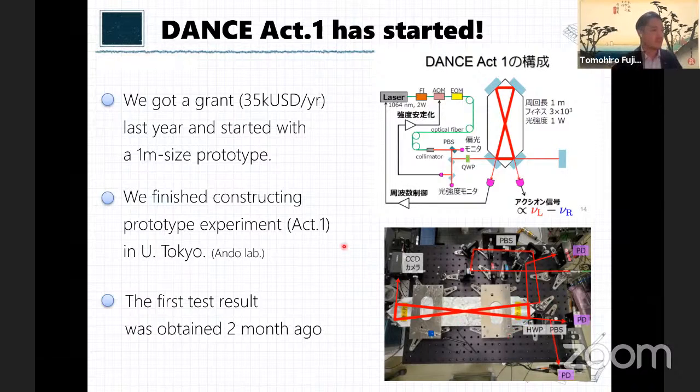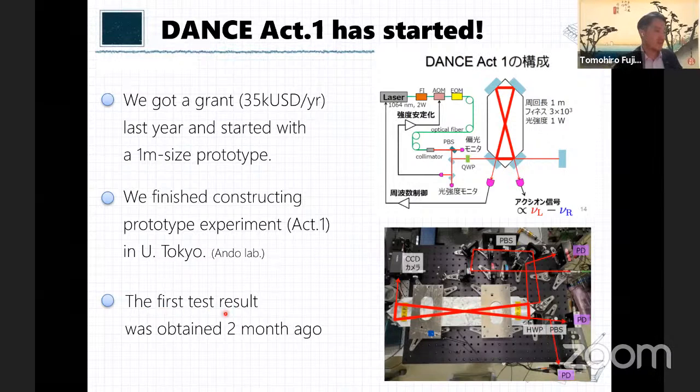It's tabletop size. This year we finished constructing this prototype experiment. We call it DANCE Act-1. It's a prototype with a 1 meter size, and we use a cheaper laser and cheaper mirrors. So it's not that high sensitivity, but it's a very nice prototype experiment to do R&D.